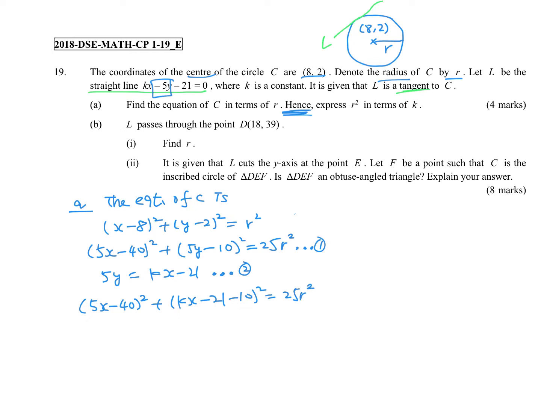And then we'll do the expansion. So minus 31 minus 62kx, 31 squared, 961, and then start to do the collecting of like terms.